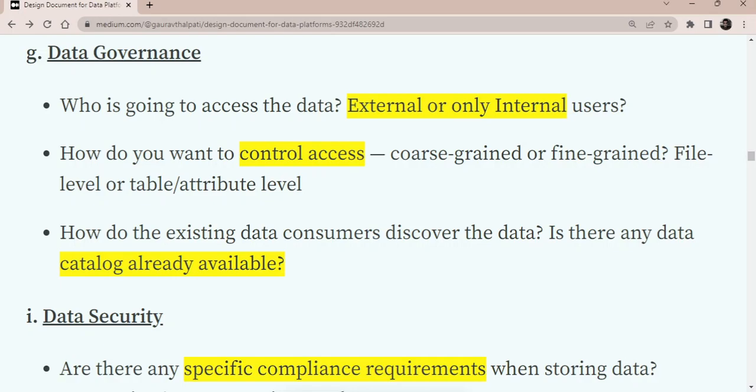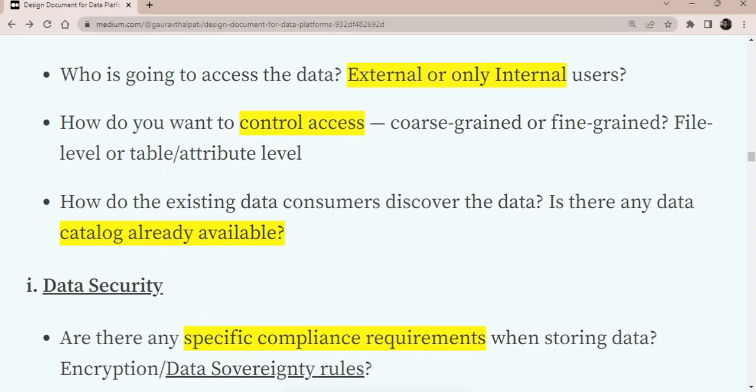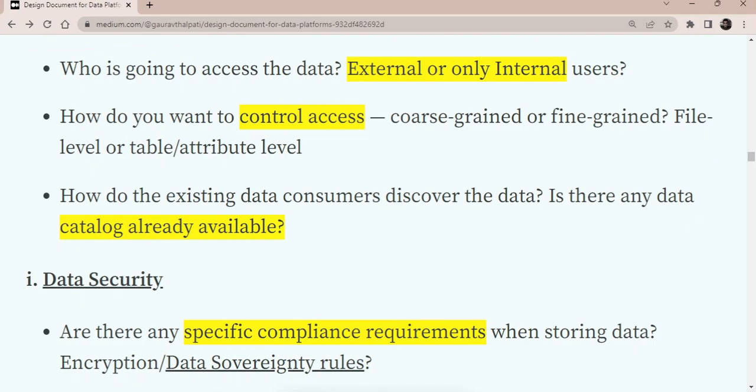How you want to control the access, whether it's fine grained or coarse grained, whether you want to do table level, column level, or row level access control, because then you will need those tools for that. Some of the tools may not support all of these. Most of the cloud warehouses have support for even column level access control now, but you need to document these so that you can have the right tools in place.